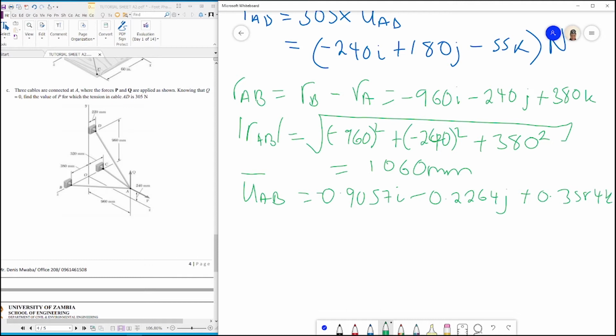Awesome. Then our TAB will be equal to our TAB, which we don't know, multiplied by the unit vector AB, which is this.